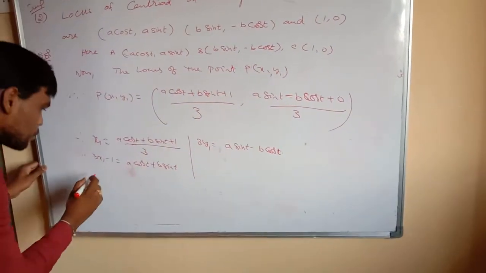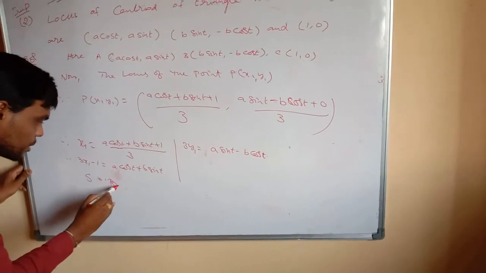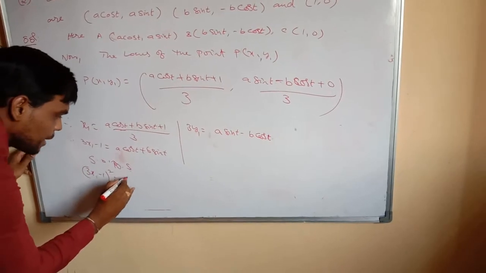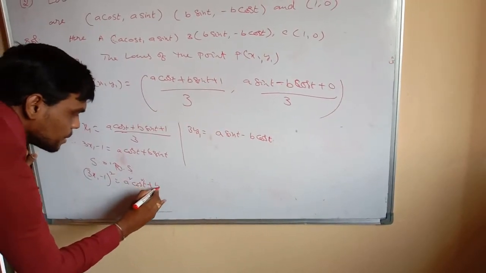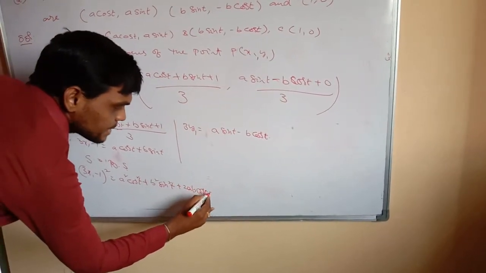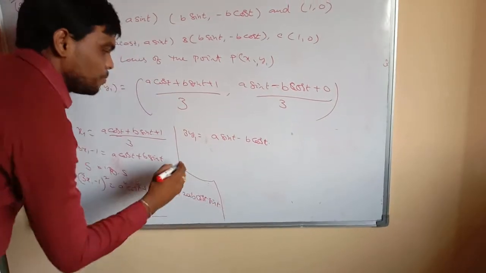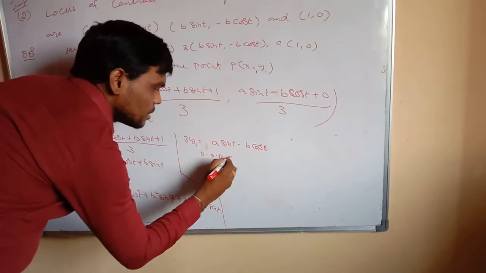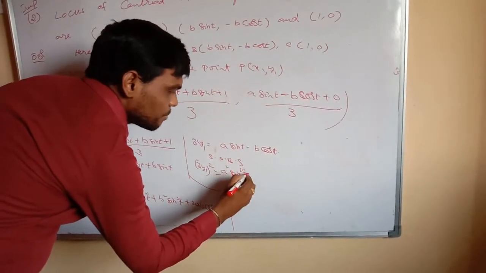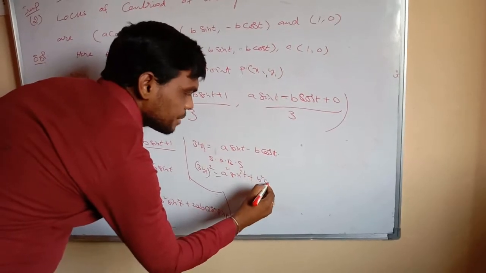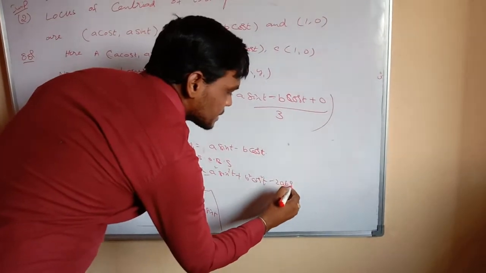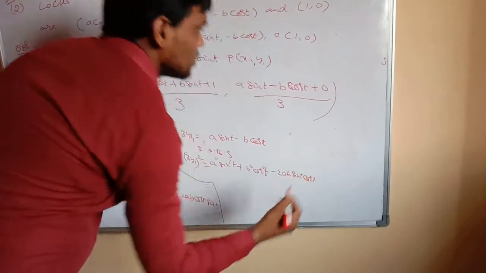Now squaring on both sides, (3x1 − 1)² is equal to a² cos² t plus b² sin² t plus 2ab cos t sin t. And squaring on both sides, (3y1)² is equal to a² sin² t plus b² cos² t minus 2ab sin t cos t.